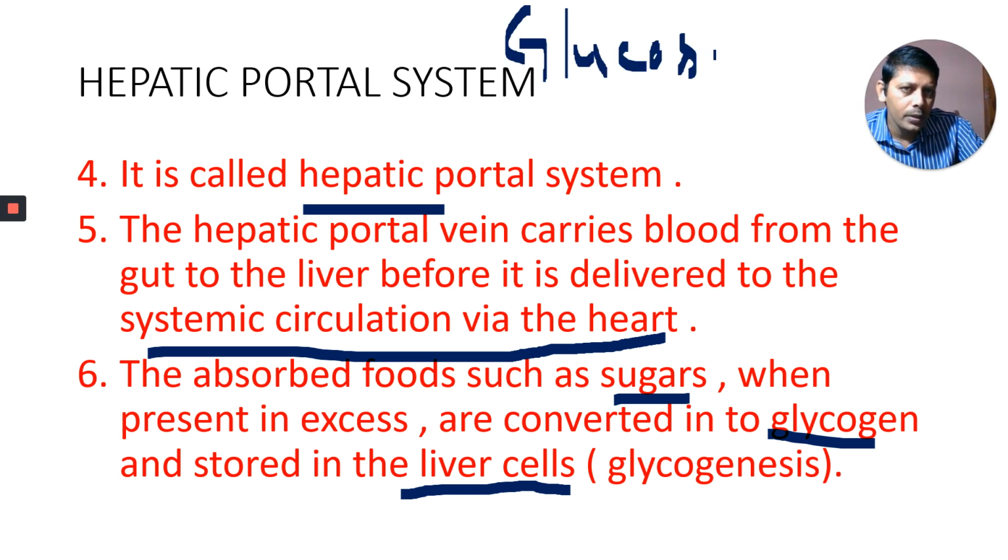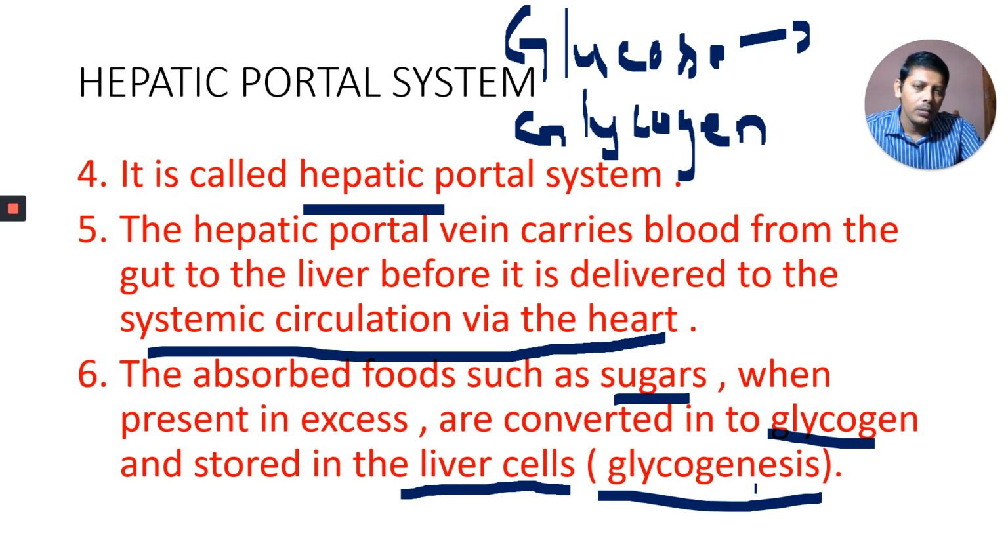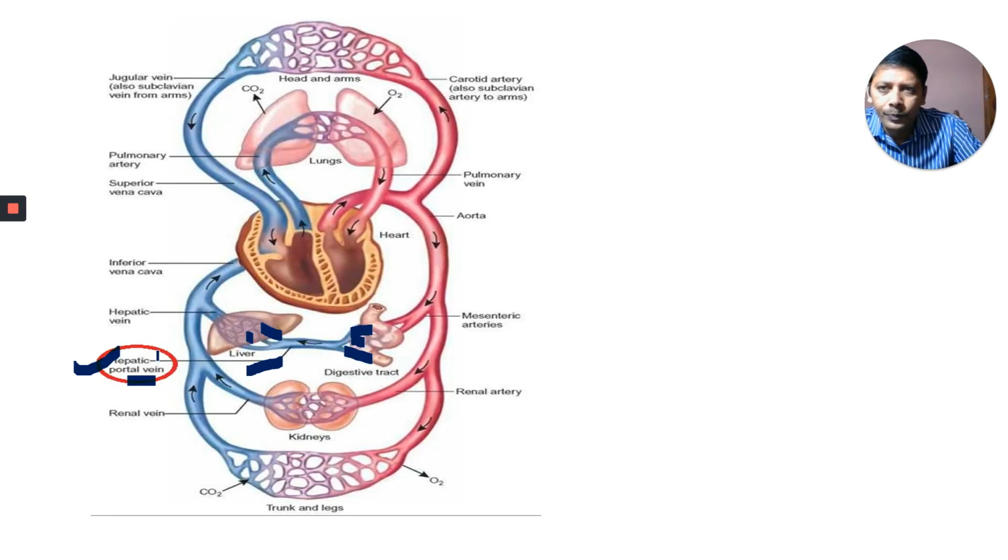If glucose is converted to glycogen, that is called glycogenesis, which takes place in liver cells in the presence of the insulin hormone. So these absorbed sugars, when present in excess, are converted to glycogen and stored in the liver by glycogenesis.